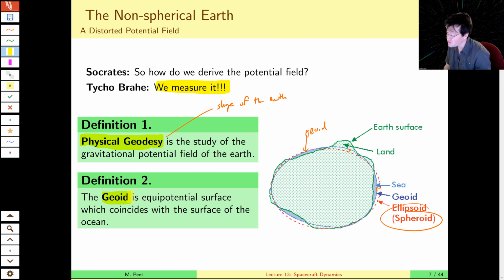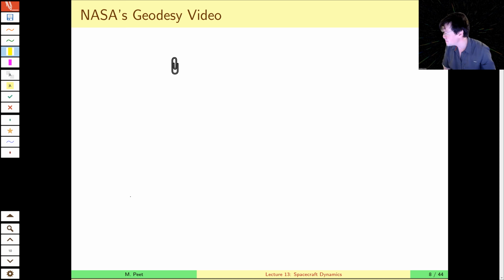We're measuring the surface of the Earth from the geoid, and of course surveys and land markers and all of these things are an offshoot of that type of measurement. So here I've got a little introduction. I mean, none of this sounds terribly exciting, I understand that.